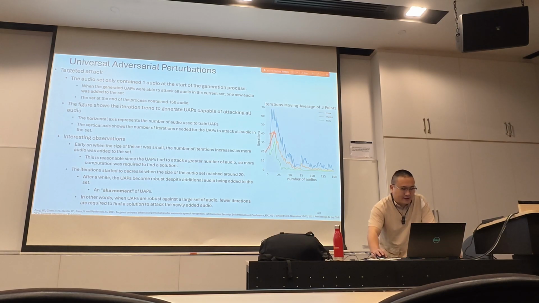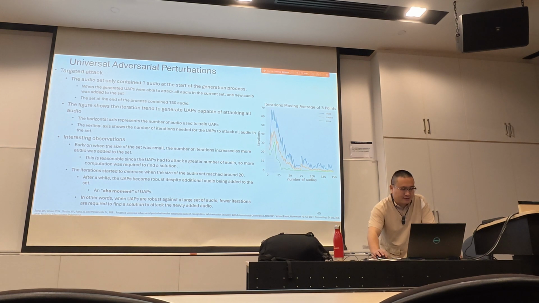However, we can notice a very interesting trend. The iterations started to decrease when the size of the audio set reached around 20. So here we can see a top value, when we consider around 20 audios in the set. And then if we consider one more audio, you can see a decrease in the number of iterations.